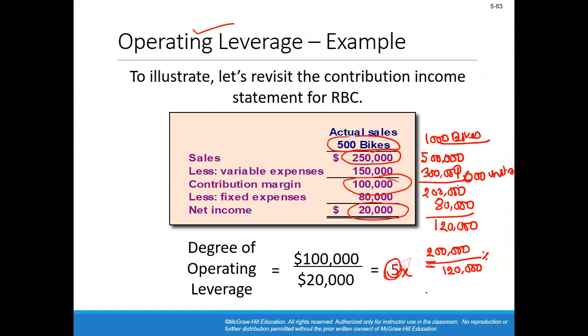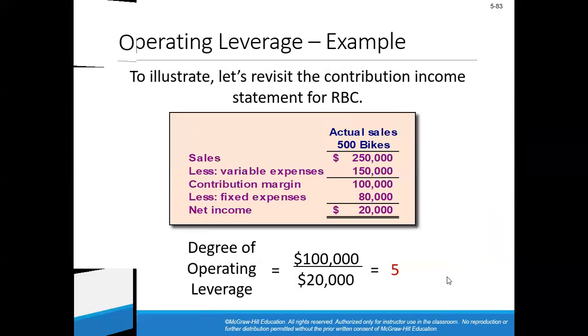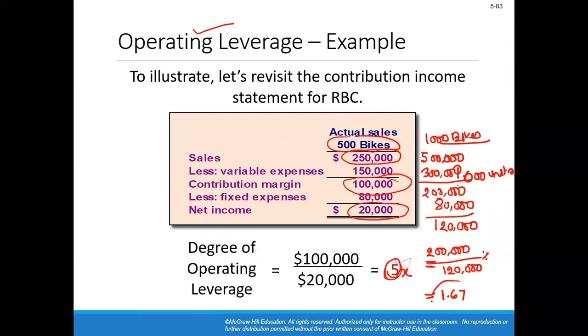Okay, so what is the degree of operating leverage here? 1.67. Okay. So between 5 and 1.67, which one is greater? 5 is obviously greater.